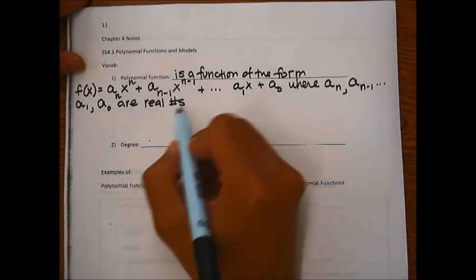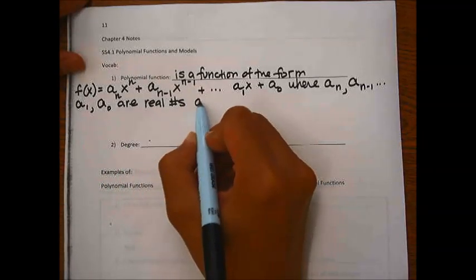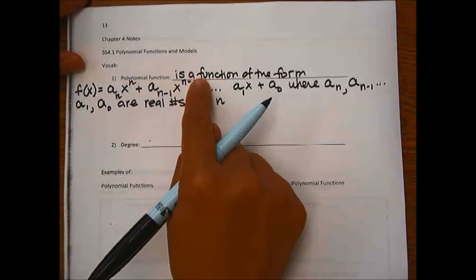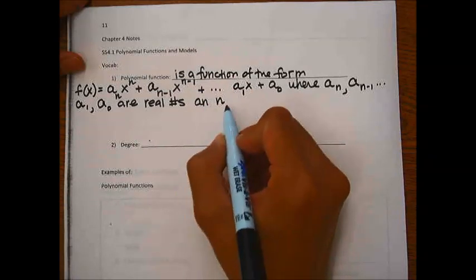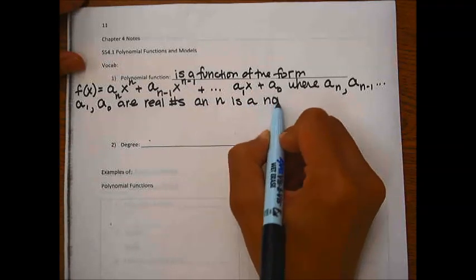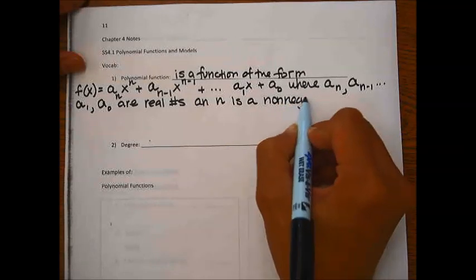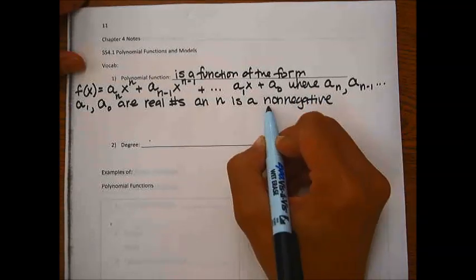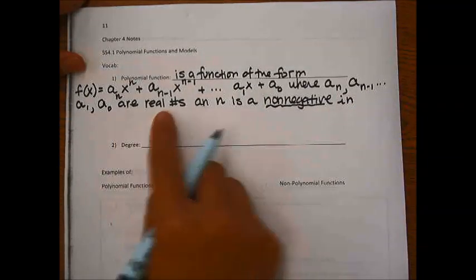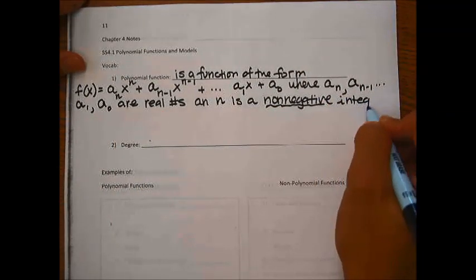And let's define n, our real numbers, and n. This is our next power over. So n, since it's an exponent, is non-negative, and it can't just be any number, it has to be an integer.